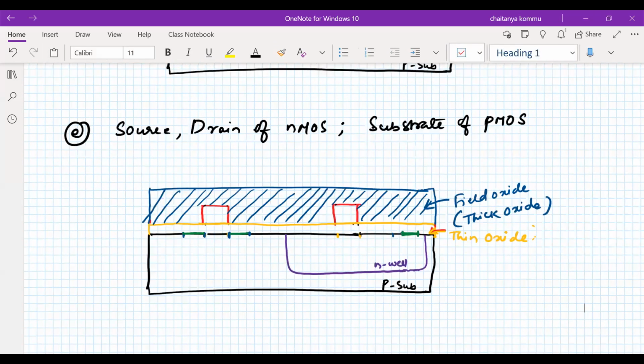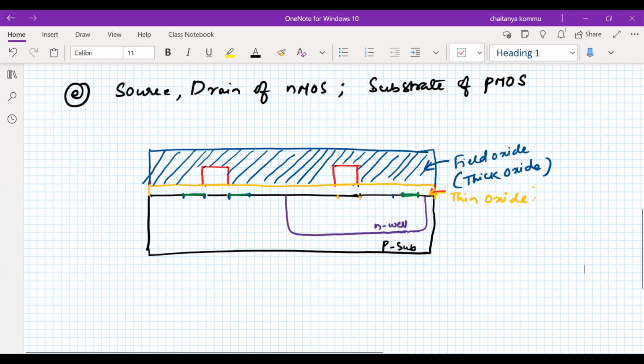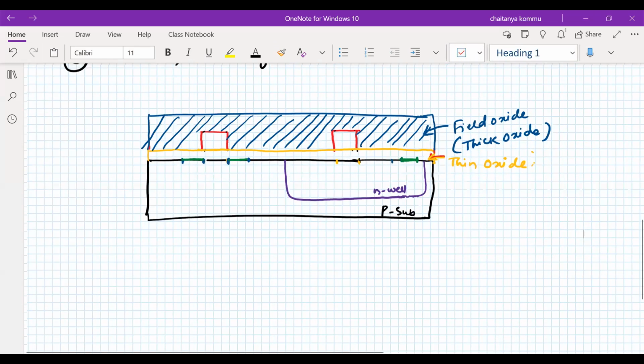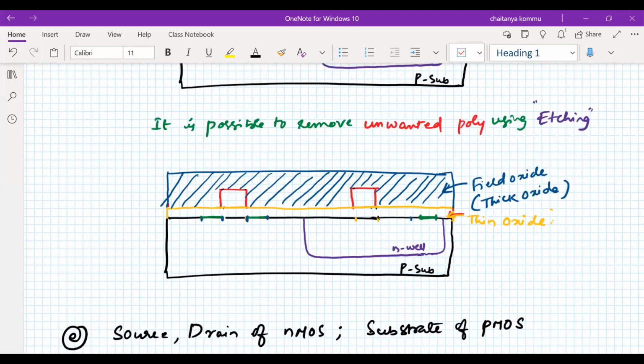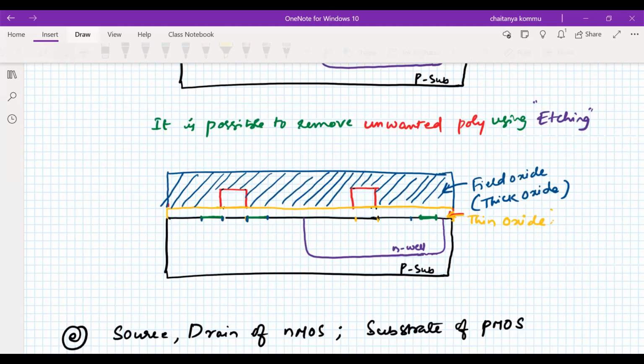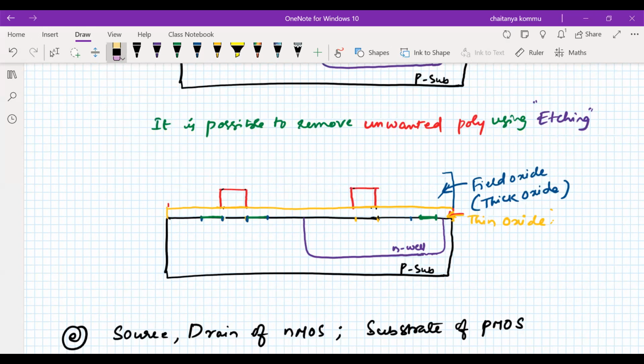Now I have to realize the source and drain. For that, once the etching process is completed, I'll do one thing. For better clarity, the field oxide is put there later on.